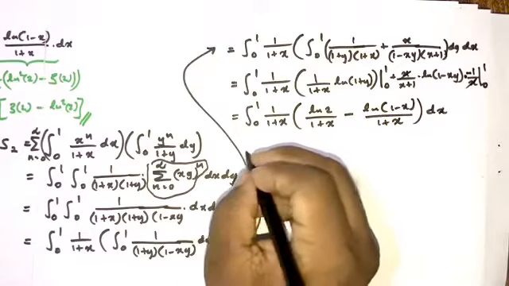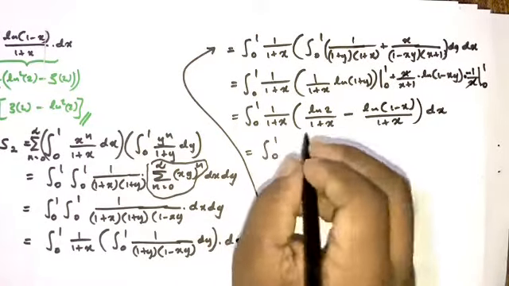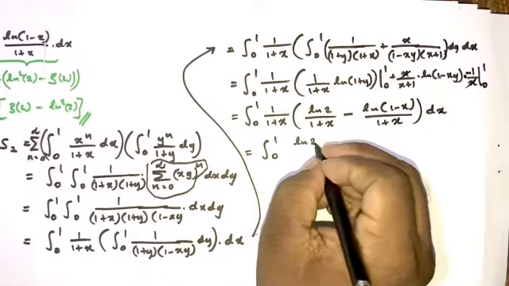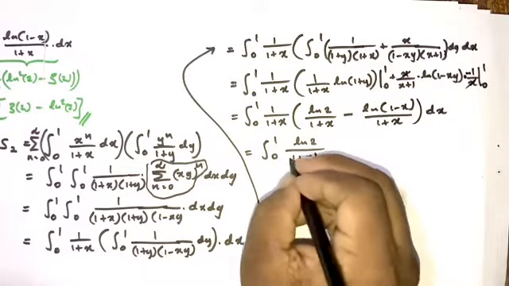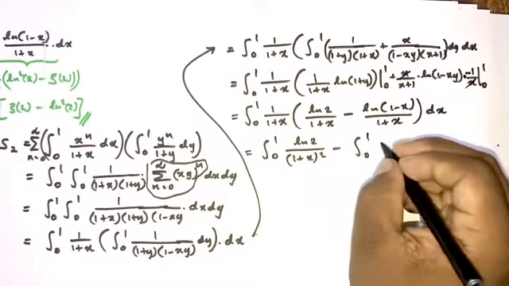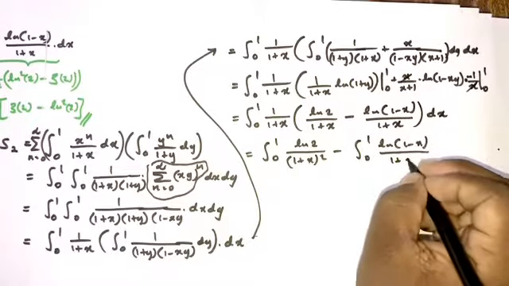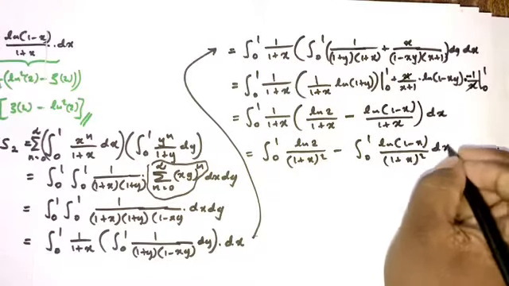Then we can write this integral as two separate integrals: the integral from 0 to 1 of natural log of 2 over (1 plus x) squared, minus the integral from 0 to 1 of natural log of (1 minus x) over (1 plus x) squared dx.